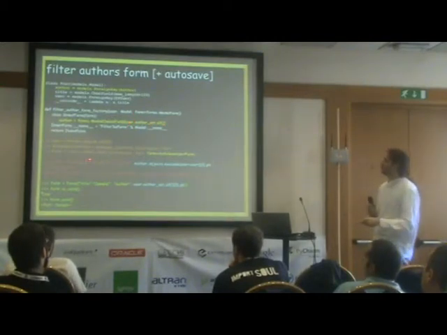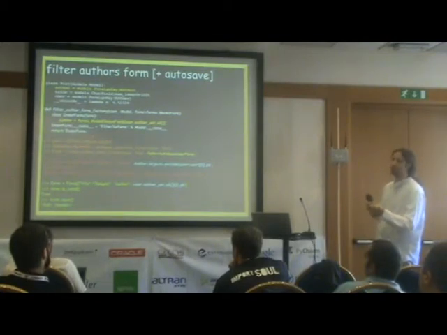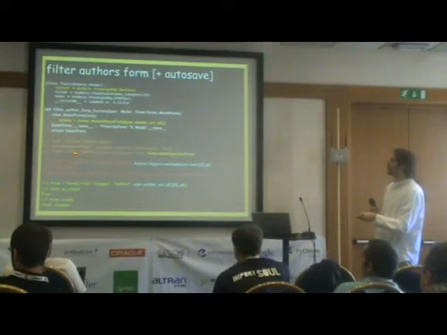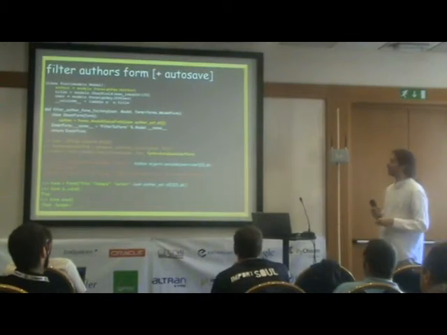So if we want to use these functions to create a powerful form, we have to take the user, create the autosave form, the function that we saw before, and also use the filter authors form factory to create our final form.